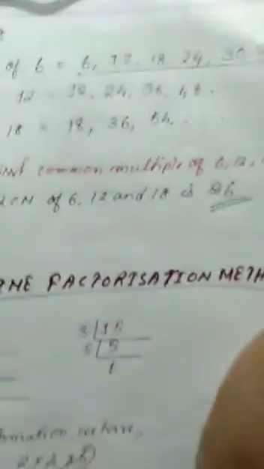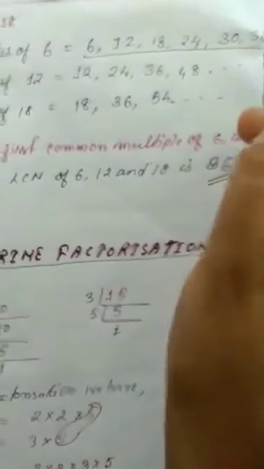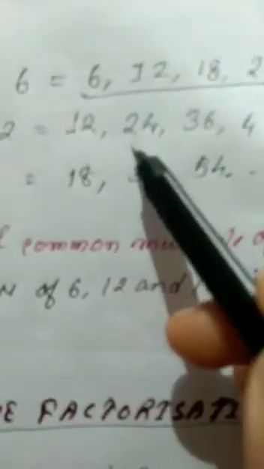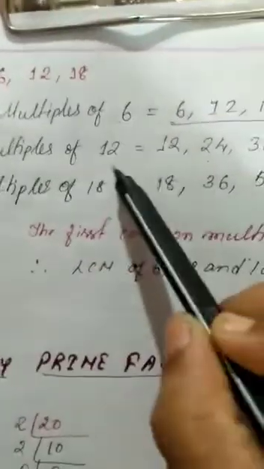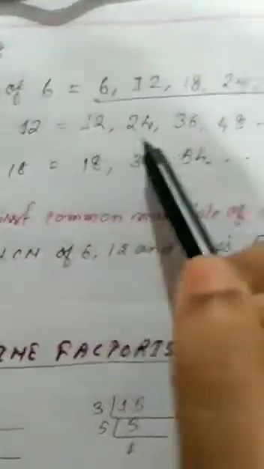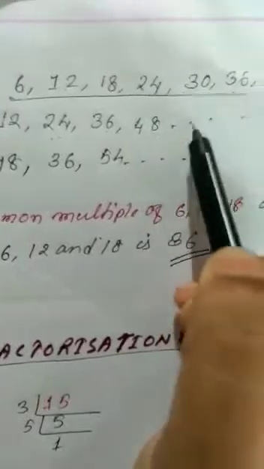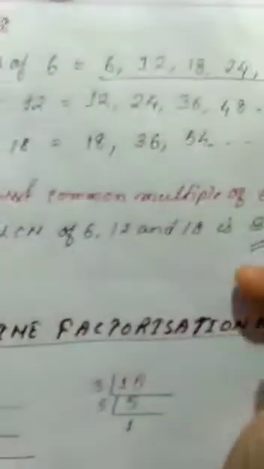In the same way we can find many more. I have written this much only, as we have got the common multiple. Now you can see the multiples of 12: 12, then 24, then 36, 48, and you can find more also.